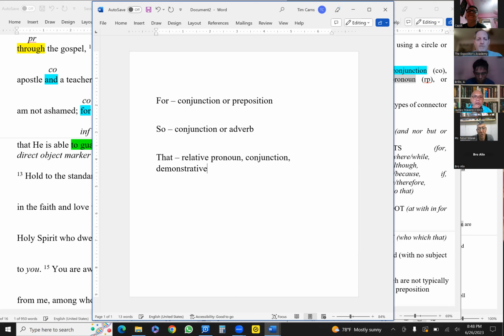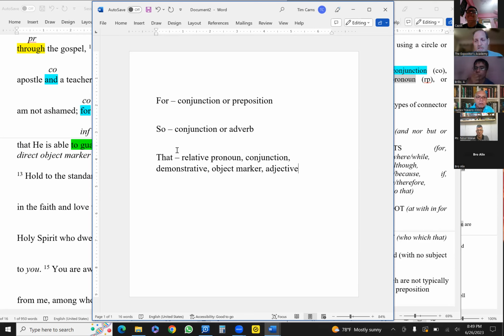Or I am convinced that. It can be an object marker, direct object marker. It can be an adjective, like we just saw, that day, that man. I am that preacher. So the word that's probably the most versatile, I think, as I think about it.